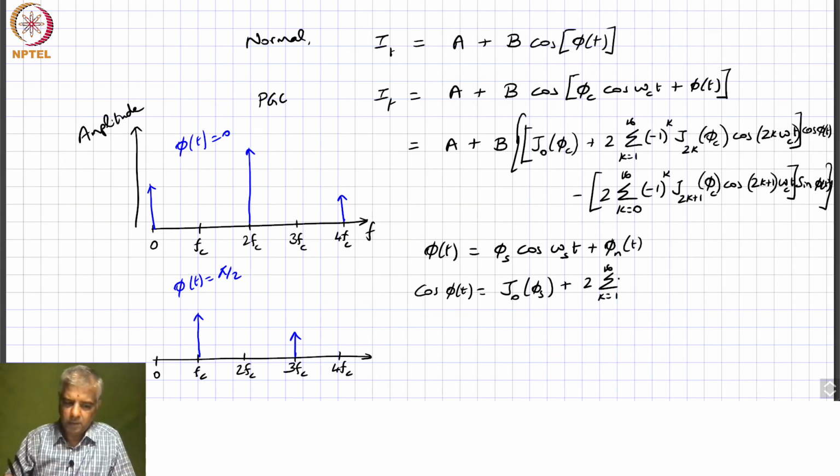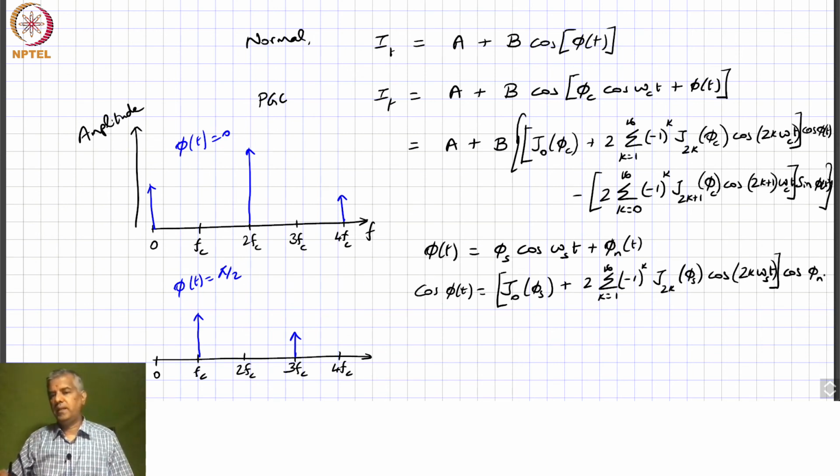So, that is going to be minus 1 to the power of k J2k of phi s, because that is the strength of your signal that you want to pick up, and then cos of 2k omega s t, and this whole thing multiplied by cos of phi n.